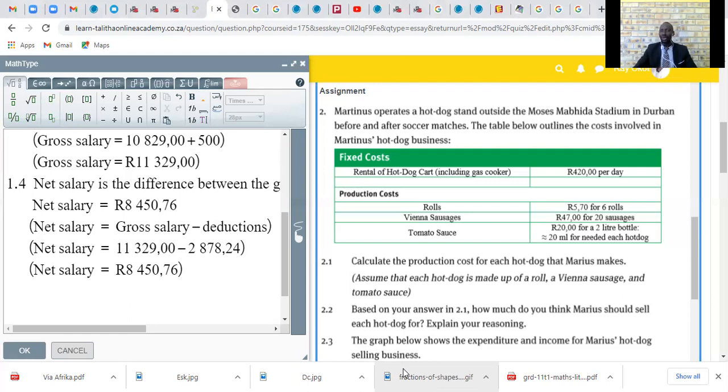There is also what we call the cost price. The cost price is the cost that the businessman has incurred in making a product or making goods and services, okay? So when you buy something and you want to sell it, if you are doing business, when you buy something, that is called cost price.